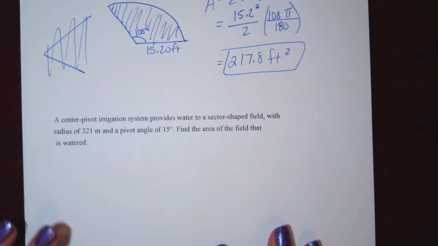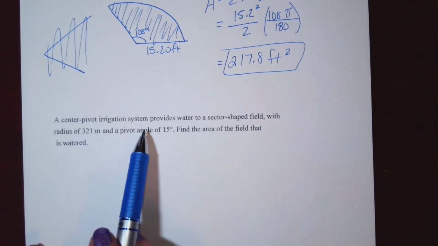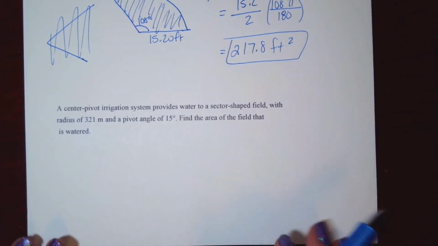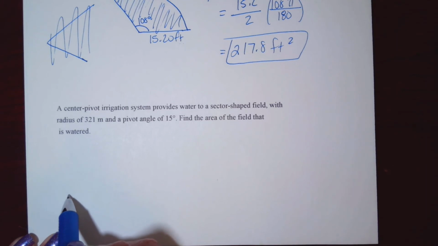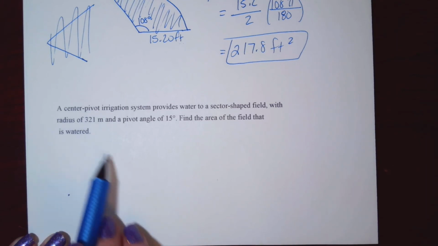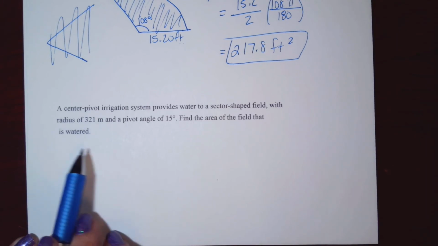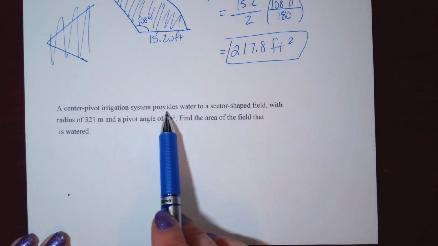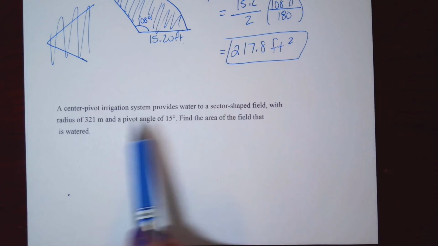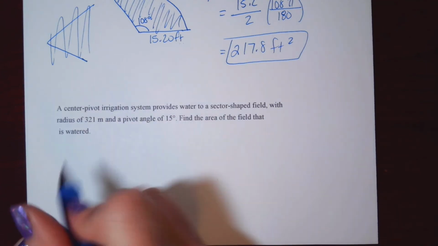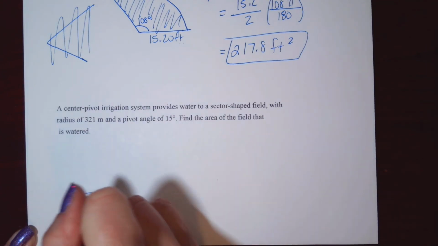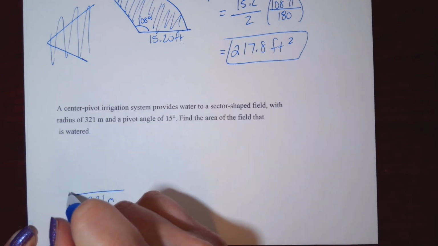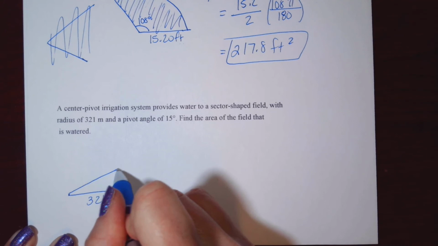Alright, one last example. A center pivot irrigation system provides water to a sector-shaped field. So you've got a sprinkler set here, and it's going to pivot through an arc. This particular center pivot irrigation system has a radius of 321 meters, and has a pivot angle of 15 degrees.